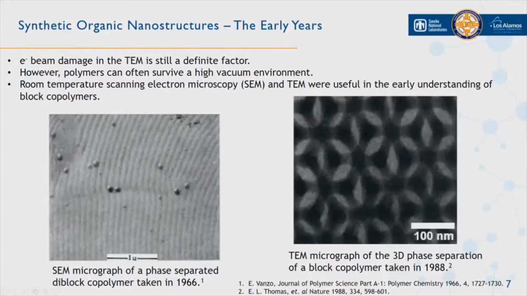Then in 1988, the 3D microdomain morphology of a polystyrene polyisoprene block copolymer was imaged using bright field TEM on an electron transparent sample. So here they carried out negative staining selectively on one of the polymer blocks, and you're able to get that contrast difference, and this matched well to early computer simulated predictions.